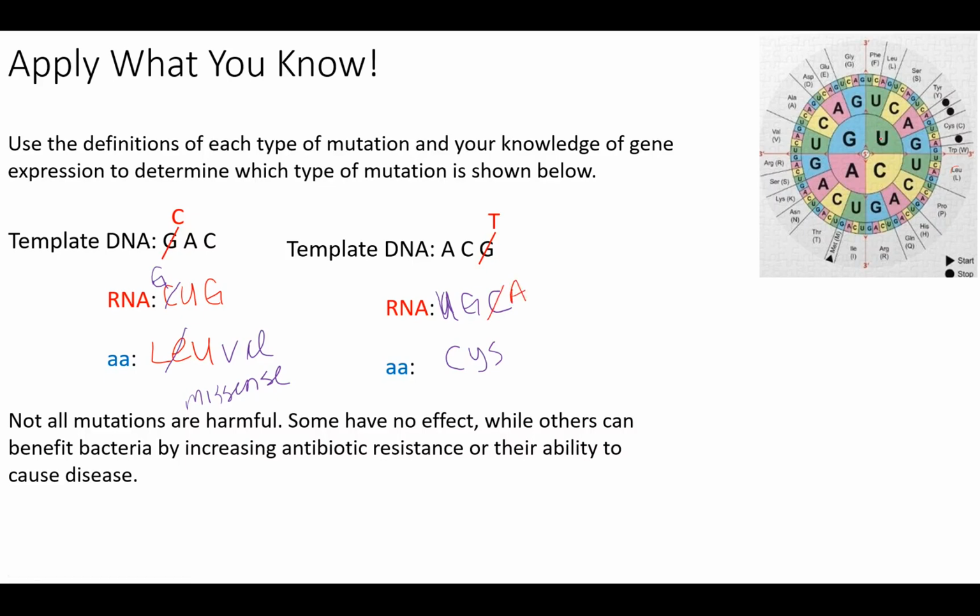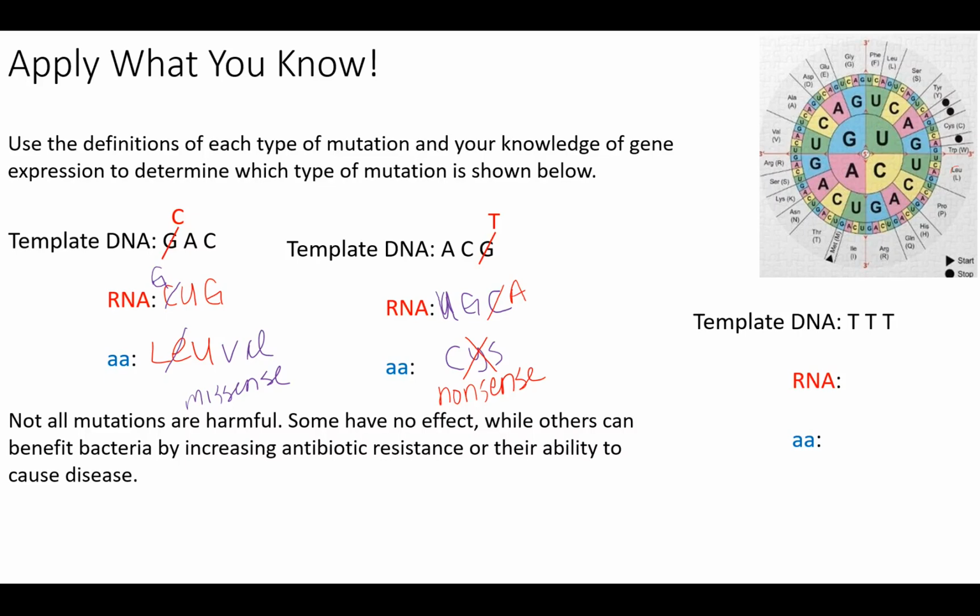You go to the codon wheel. We have UGA. Uh-oh. It's a premature stop codon, so no amino acid is going to be incorporated. Translation comes to a halt. This cannot be tolerated. This is considered a nonsense mutation. Okay, nonsense mutation.